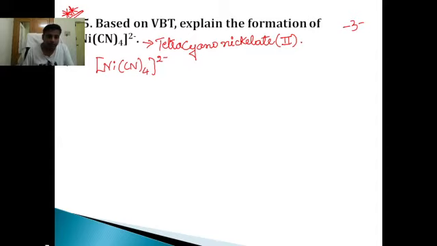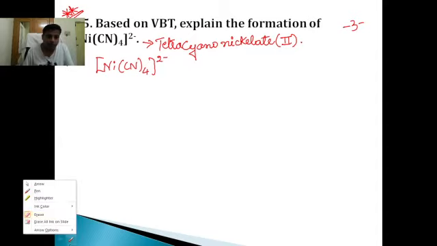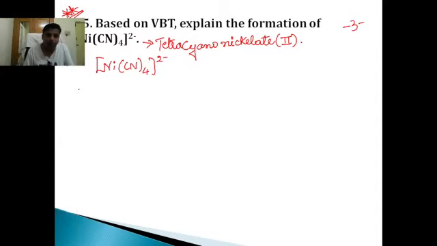Now nickel, atomic number of nickel is 28. What's its electronic configuration? Argon core 3d8 4s2, right?